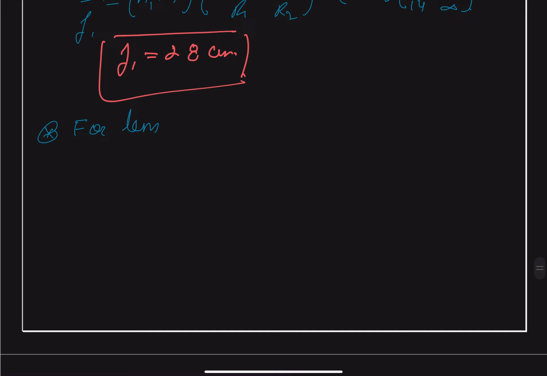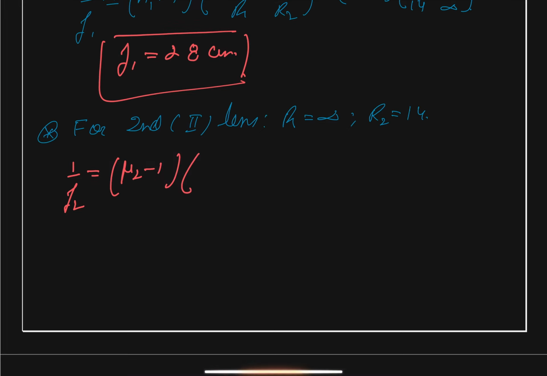For the second lens, we are going to have our r1 as infinity and r2 will be equal to 14. The same formula, so we can say 1 upon f2 is equal to our mu2 minus 1 and 1 upon r1 minus 1 upon r2.